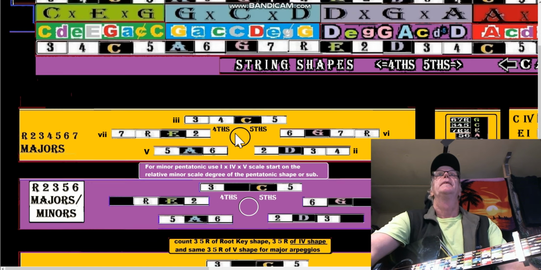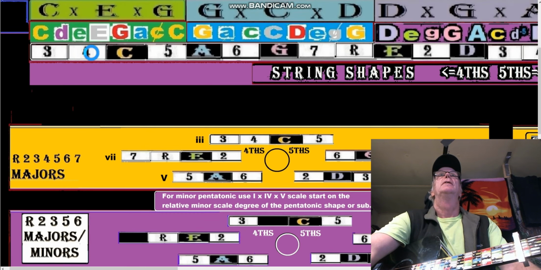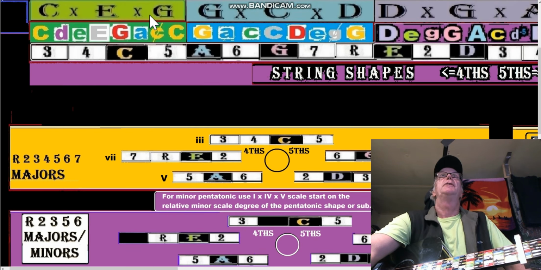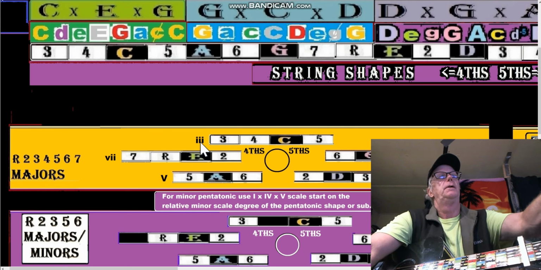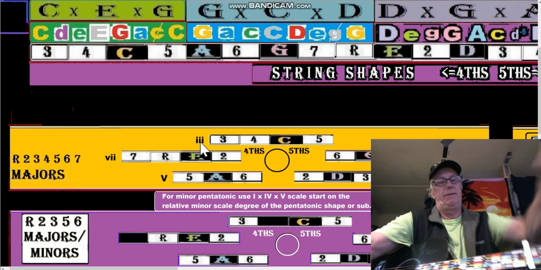here. So it's here, up here too. I have it indicated, but it's actually a Phrygian scale fragment. It's 3, 4, 5.